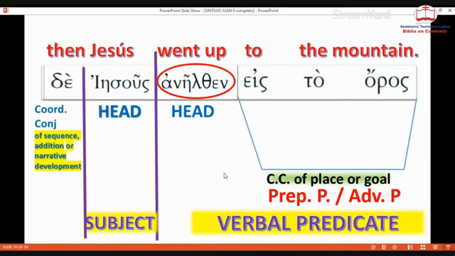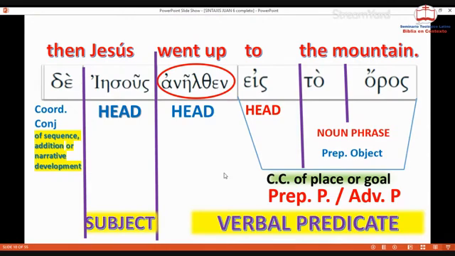Then we will analyze word by word what we have here, and we will see how this prepositional phrase is made, or constructed. The head of the prepositional phrase is the preposition. Then we have the preposition object, or the object of the preposition, that is a noun phrase, functioning as the complement of the preposition.